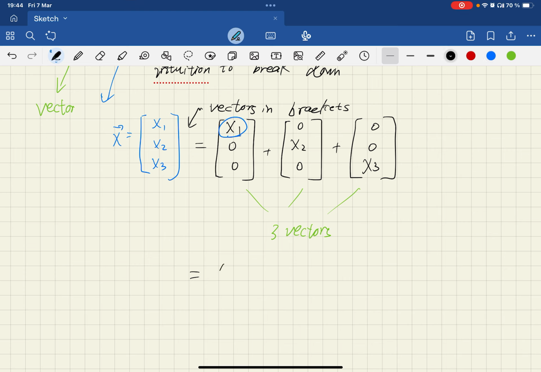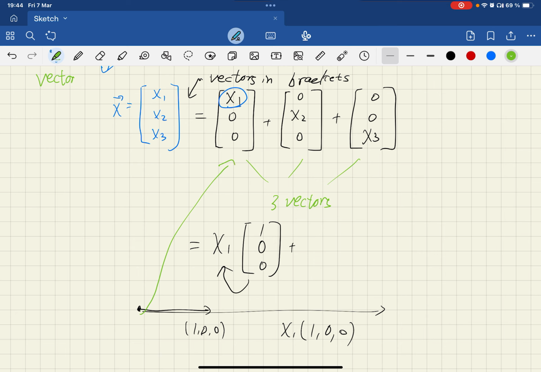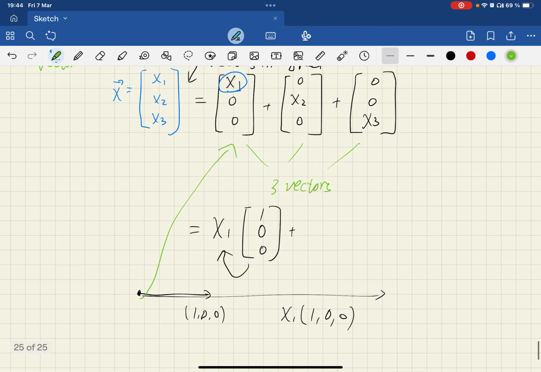So you stretch this by x1 times, like this is 1, and you stretch it by x1 times. And this is exactly what you got.